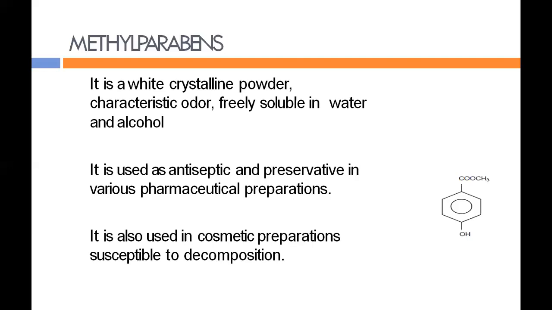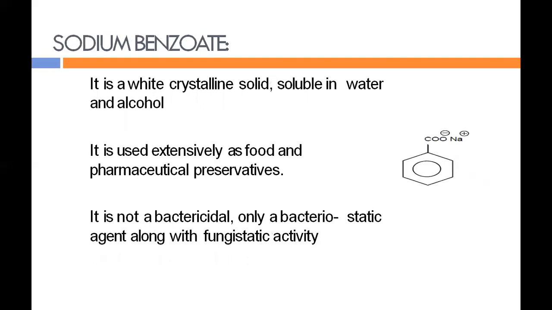So how do you add these preservatives in an emulsion? You add propyl parabene in the oily phase because it has more solubility in oils, and you add methyl parabene in the aqueous phase because of its higher solubility in water. And then the two phases are mixed to prepare the emulsion. So methyl and propyl parabenes are another class of antimicrobial agents which are widely used as preservatives in liquid formulations.